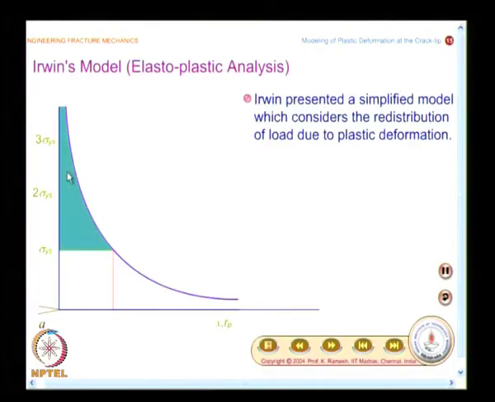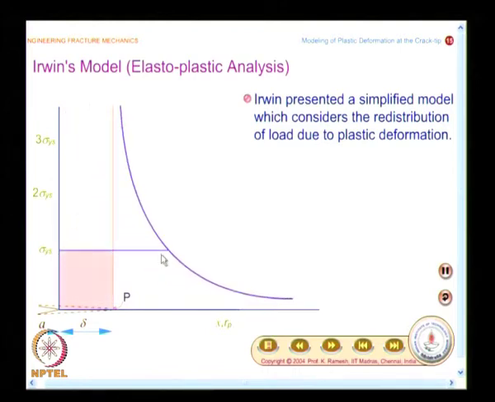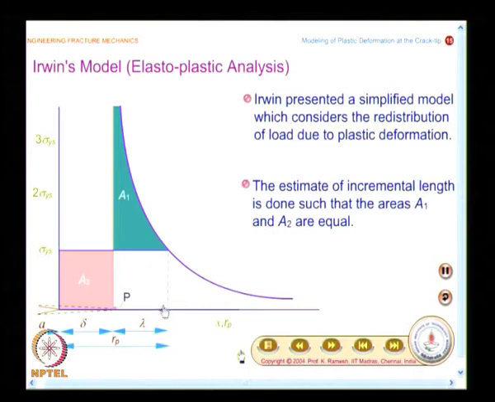So, what Irwin argued was you have to have redistribution of this loading. This would essentially amount to extension of plastic zone length, and this he has done along the crack axis. And how was this area A2 obtained? It was obtained such that whatever is the unbalanced load, this area and this area match.